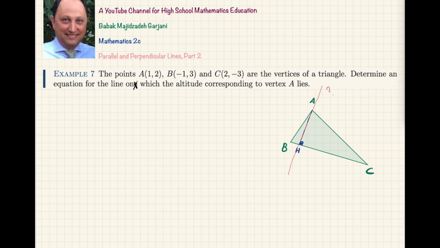What is the k value? How should I find the k value? I know the height is perpendicular to BC. And this is good because I have information regarding B and C. I have 2 points of this line.